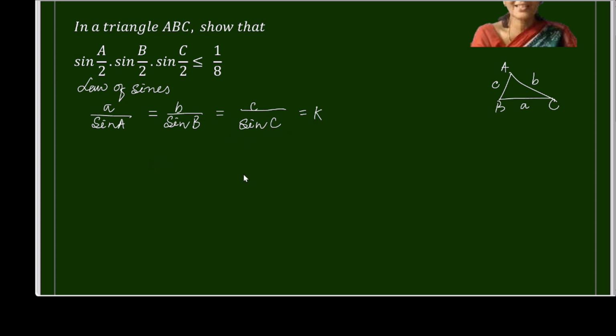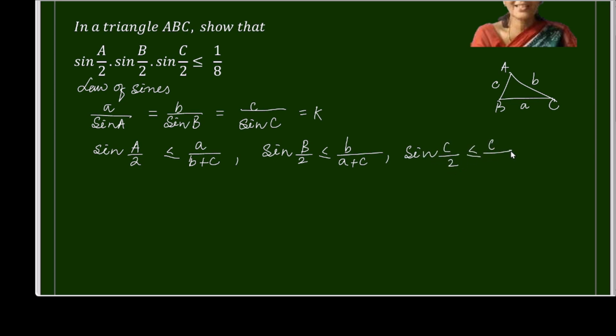Taking this, now I'll prove next that sine A by 2, or sine half A, is less than or equal to a by b plus c, and sine half B is less than or equal to b by a plus c, and sine half C is less than or equal to c by a plus b.